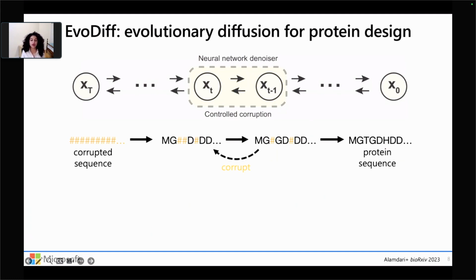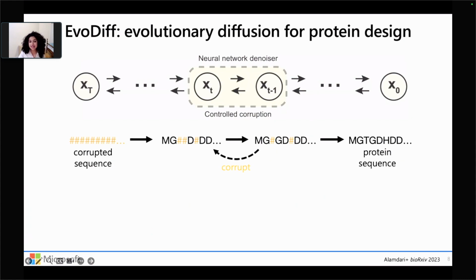We do this over a fixed number of time steps to be able to reach the point of complete corruption and take these incremental examples as now training data with which we can train EvoDiff. EvoDiff learns how to undo this corruption step by step to be able to now generate new proteins starting from an all masked, all corrupted state.